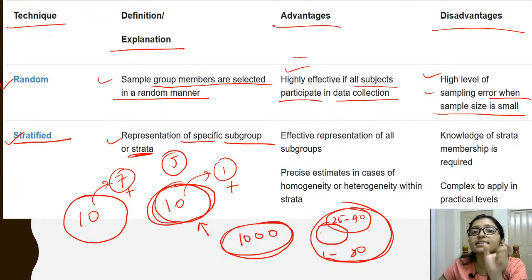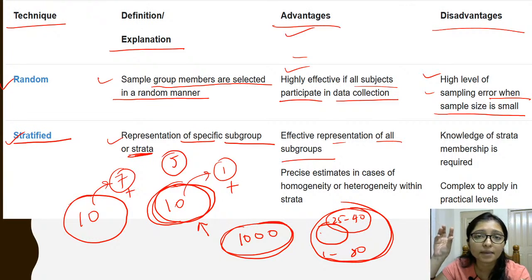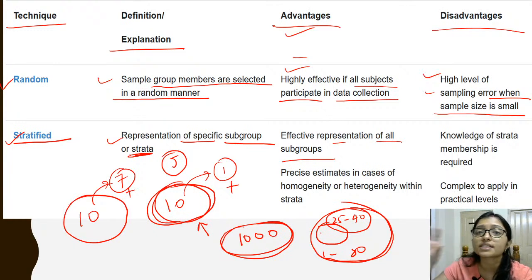It means you are selecting the subgroup, right. So it is effective representation of all subgroups when you take one subgroup that is 25 to 40, one subgroup maybe 10 to 25, one subgroup 40 to 60, like that it will be effective, right.